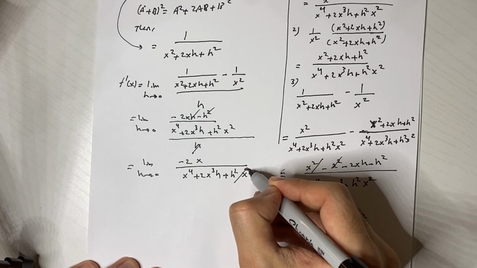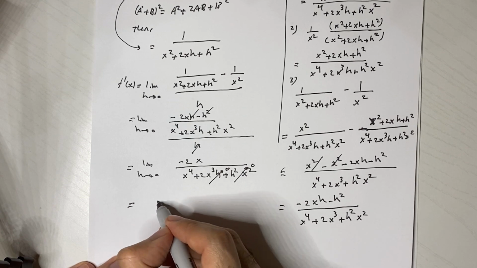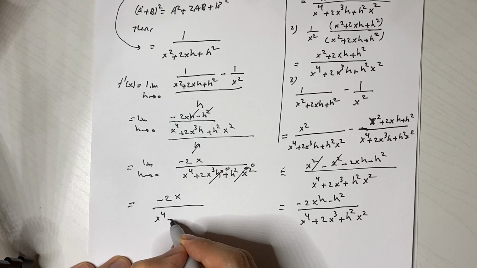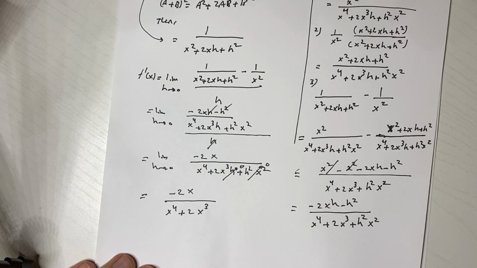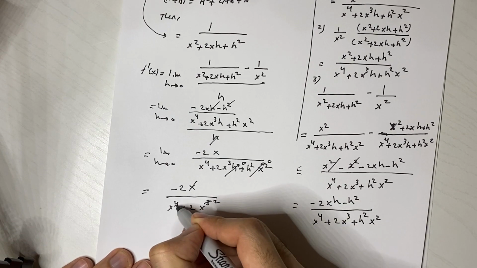Now we can use the definition as h goes to 0, so all the terms with h will be 0, and what's left is negative 2x over x to the fourth. Notice that the second term at the bottom will go away.